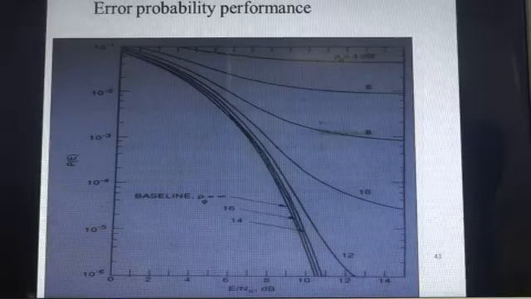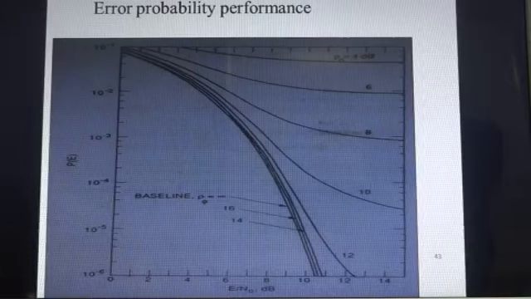Here is the error probability performance. It is a graph of probability of error performance with respect to E by N0 in dB. Here, as we can see, for psi 0 we get the value as infinity. As it goes on changing the value of psi, we get rho psi equal to 16 and rho psi 14.